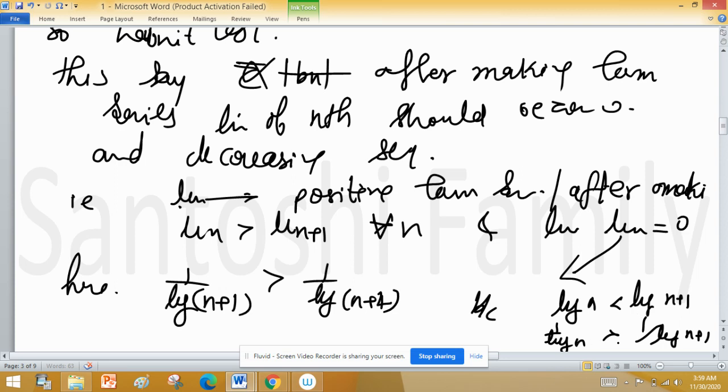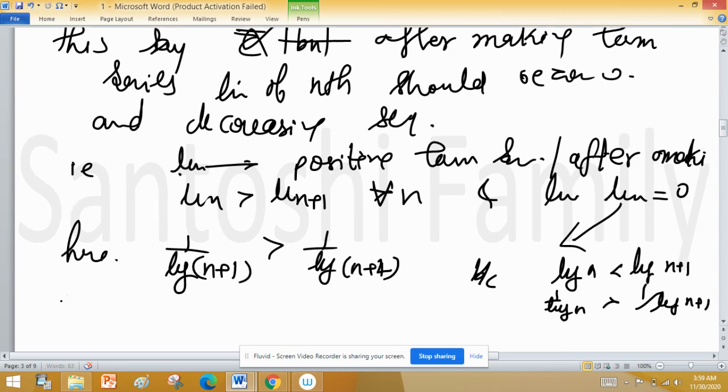So 1 upon log n greater than 1 upon log n plus 1, it means decreasing.